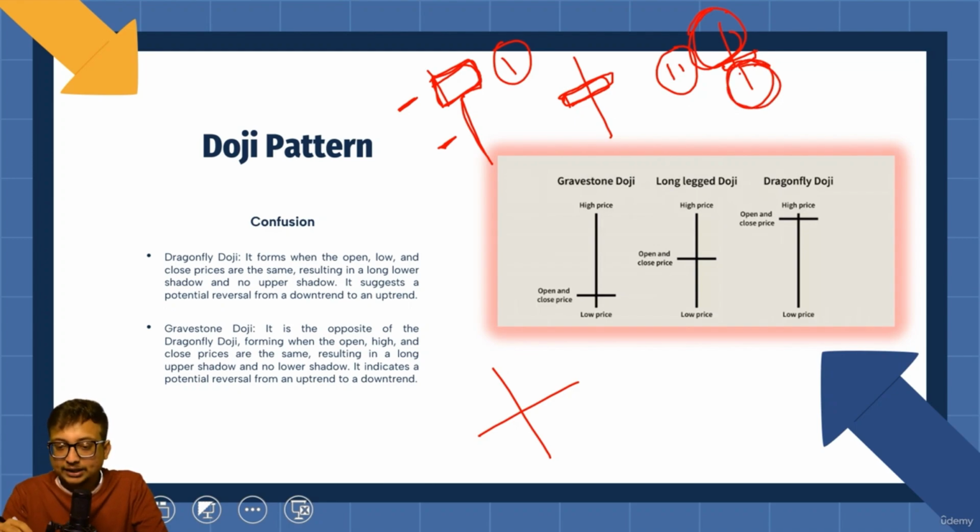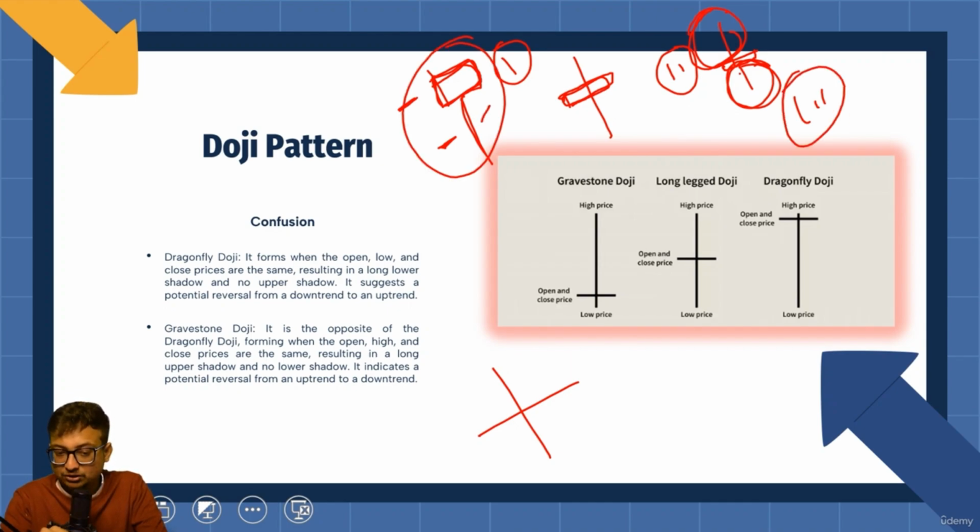Number 3, I have told you that in the case of a hammer, let's say this was a bullish hammer pattern because of LPR, and after the bullish hammer there was a big engulfing candle, a big powerful bullish candle. It means you can take the trade, the market will go upward. But here the confirmation is not that strong compared to the hammer pattern.